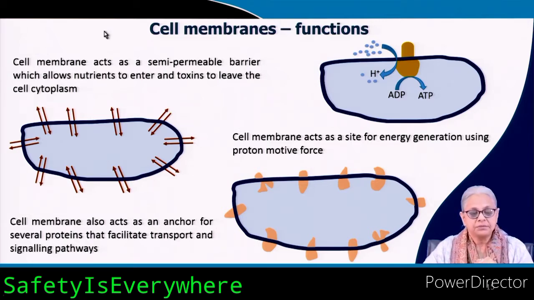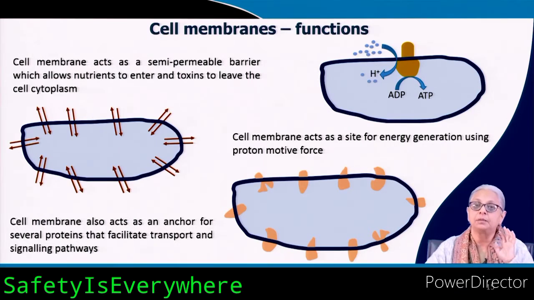So cell membranes are semi-permeable barriers that allow nutrients to enter and toxins to leave the cytoplasm, and all this is mediated, the transport of all these things except perhaps the gases, by proteins.